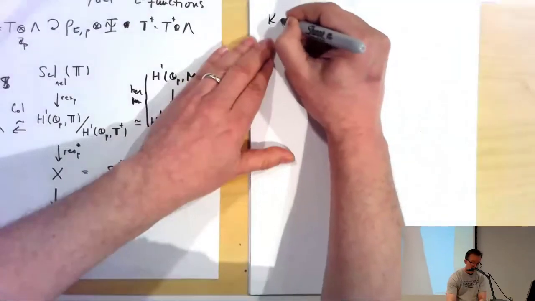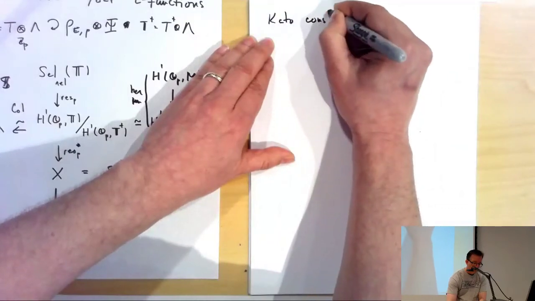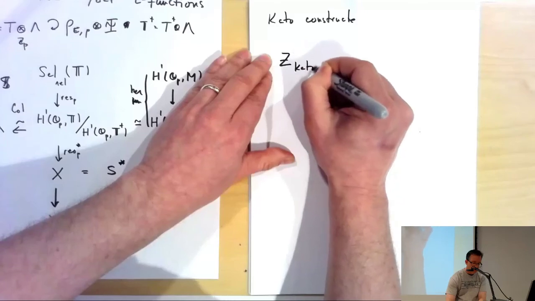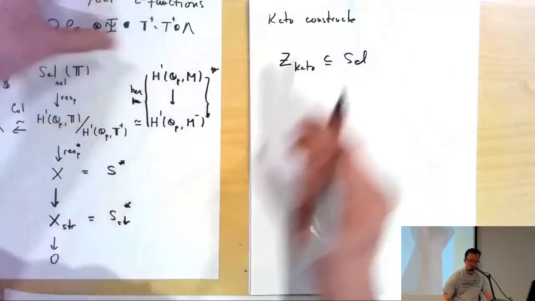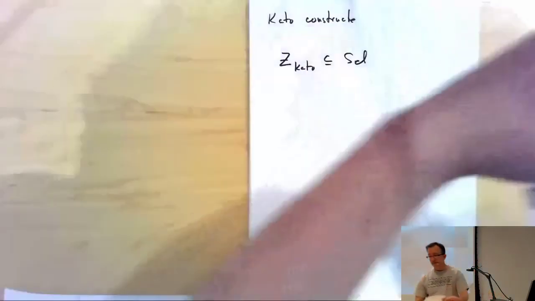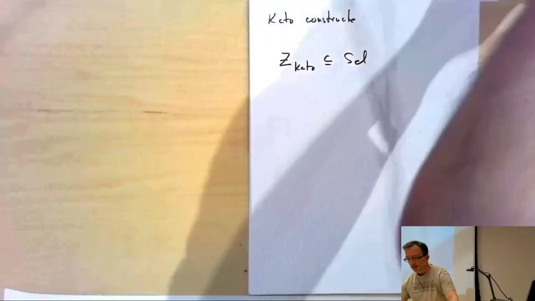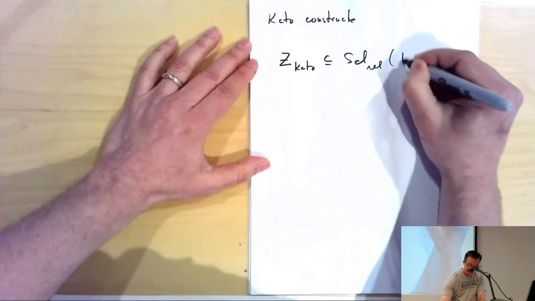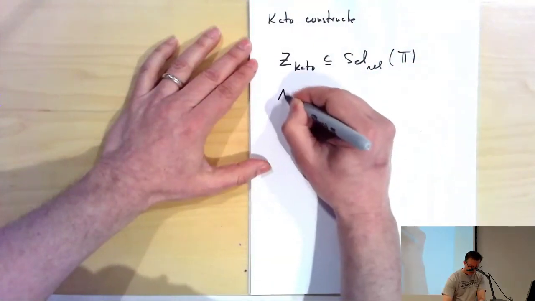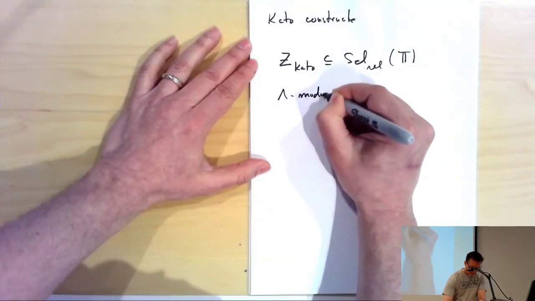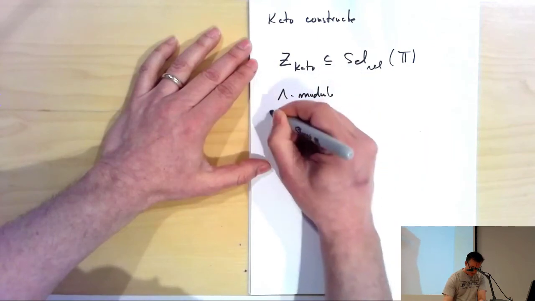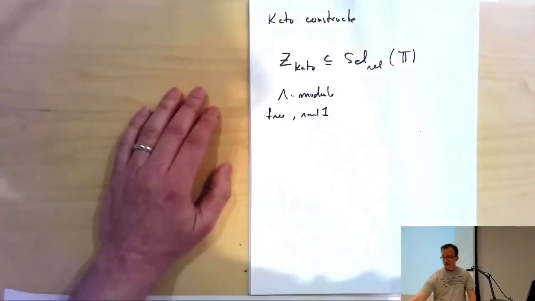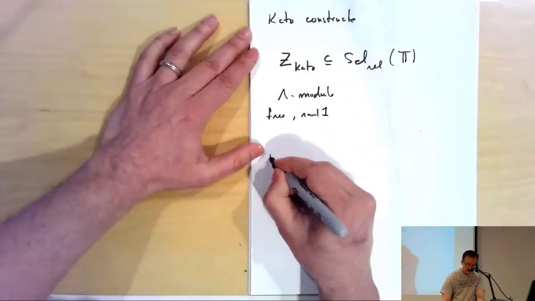Kato constructed, we'll call it Z Kato, inside this relaxed cohomology for T, a lambda module. It's free and rank 1. So it's inside here. We can look at the restriction.